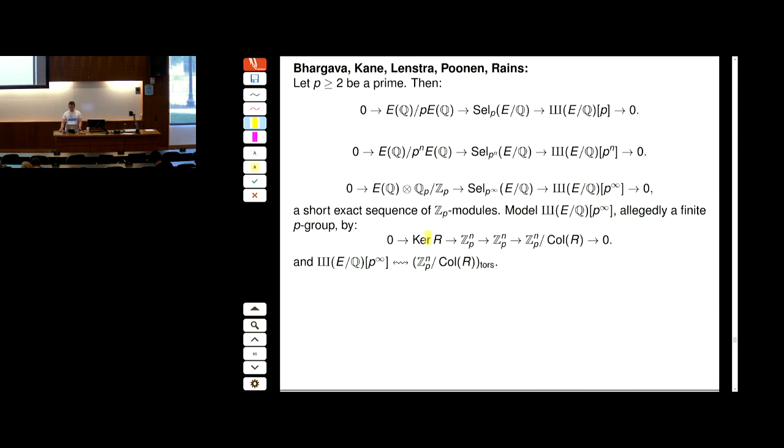So what they do is build a sequence of Zp modules, so just come up with a matrix that is going to give me, like in the Friedman and Washington setting, a quotient that models this. But of course, like we did last time, sometimes this might not be finite. So that's why I'm taking the torsion part of that.